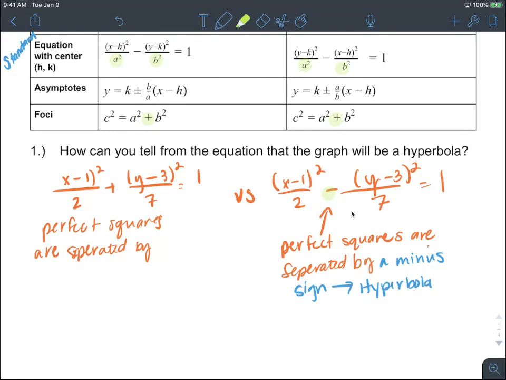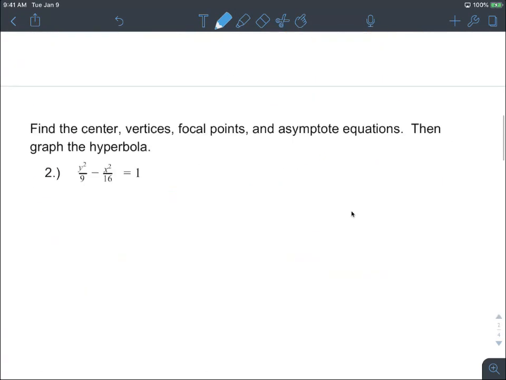And this equation is separated by a positive sign, so we have an ellipse. Both my x and y are squared, and then the terms are separated by different signs. That will come up on the test.